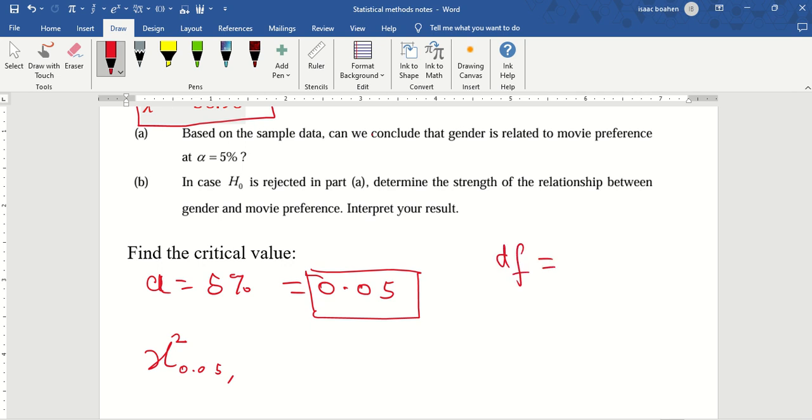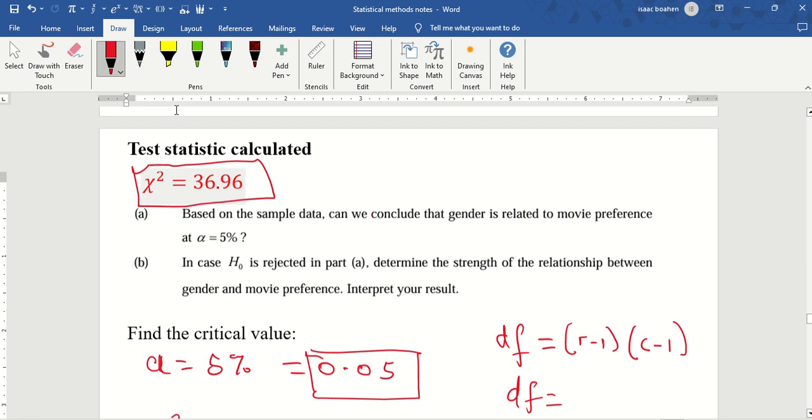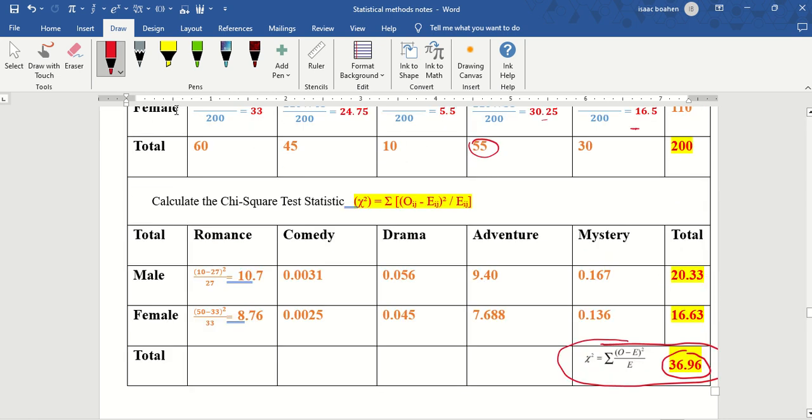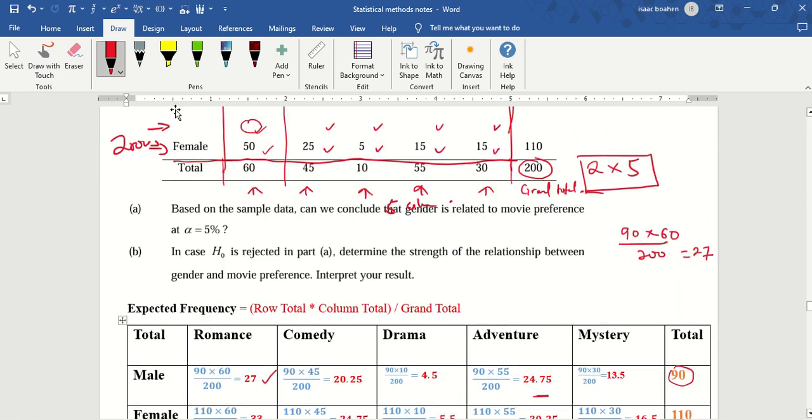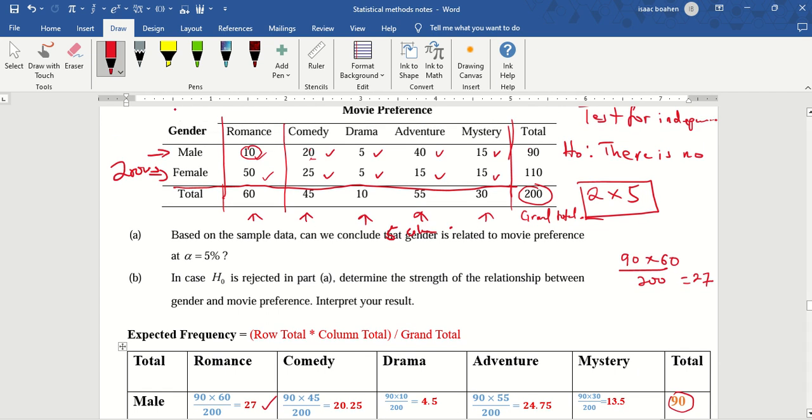The degree of freedom is given by the number of rows minus 1 multiplied by the number of columns minus 1. So what is our degree of freedom? We realize that the number of rows was 2, and the number of columns is 5.